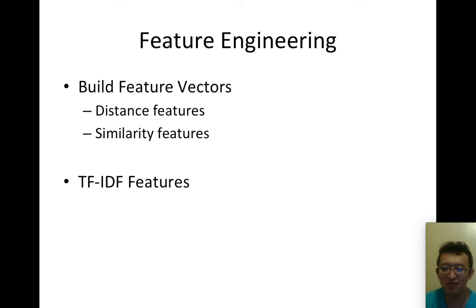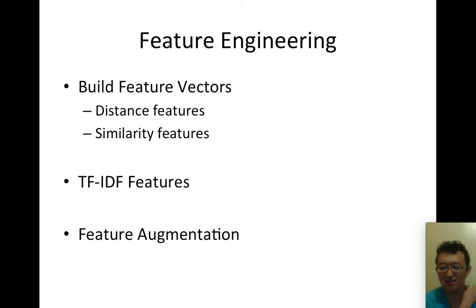But if the device and cookie share something that's not frequent, that's rare, that's useful information. That indicates this device and this cookie may actually belong to the same user. Another interesting idea we tried is feature augmentation. I will explain all of them in detail.